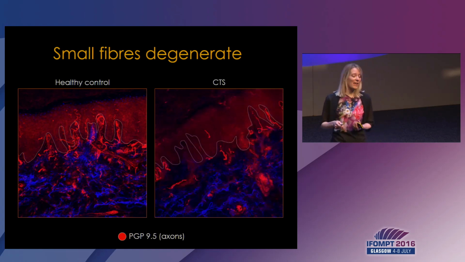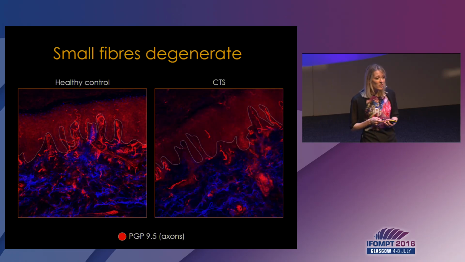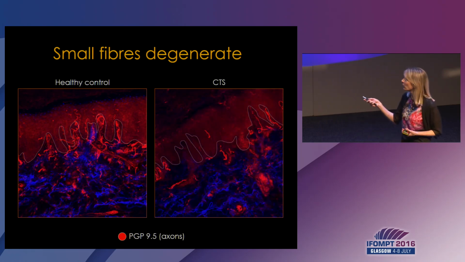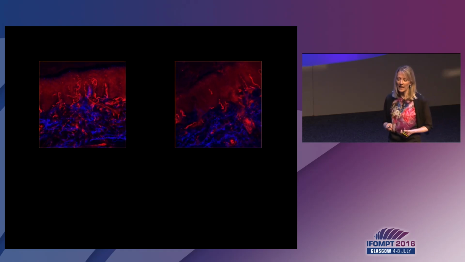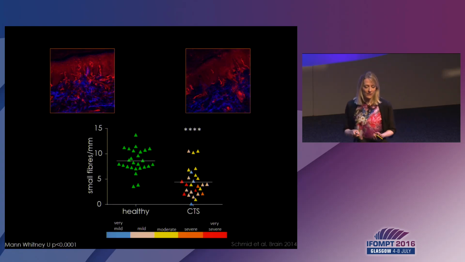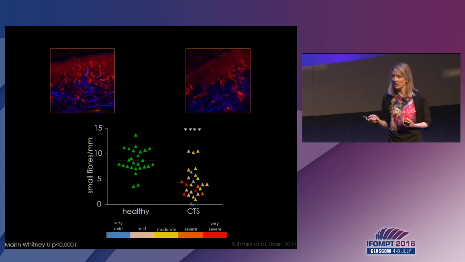Now, we did that, and that is an age and gender matched patient with carpal tunnel syndrome, and you can already see visually that he has a significant fallout of the small fiber population in the skin. And when we quantify that, there was a significant downregulation of that small fiber population in the skin.